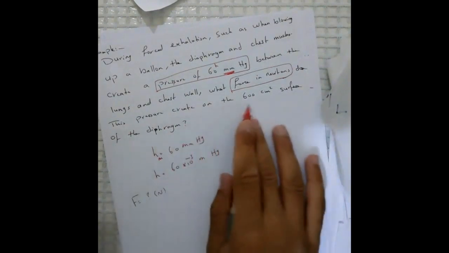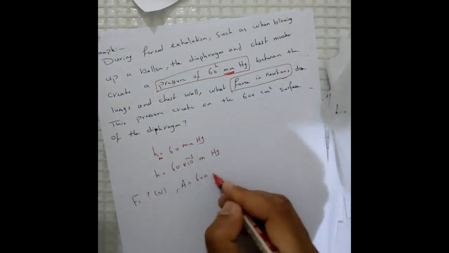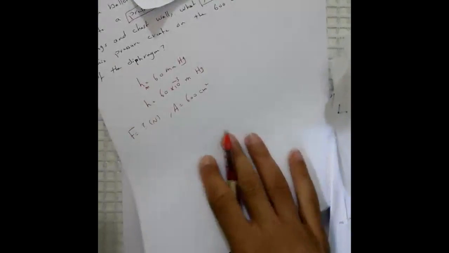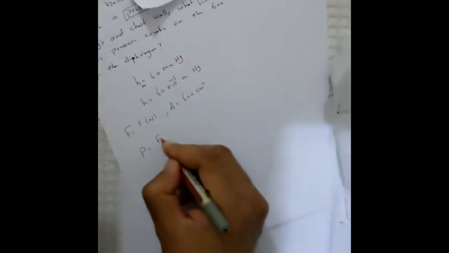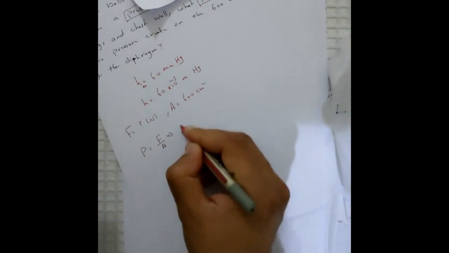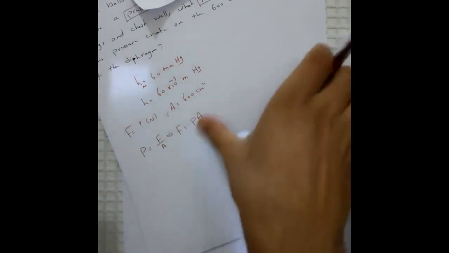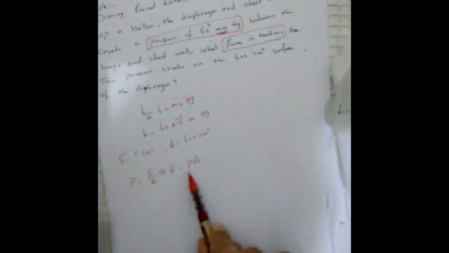This pressure is created over the 600 centimeter square area. The area is given, 600 centimeter square. Okay, now let's start to solve it. First of all, we know that the pressure equals F over A. That means F will be pressure times A. Be careful, guys. A pressure of 60 millimeter mercury is not P, this one.